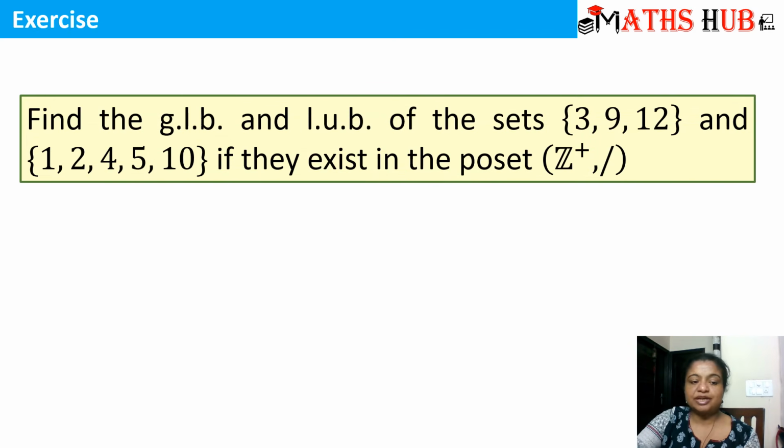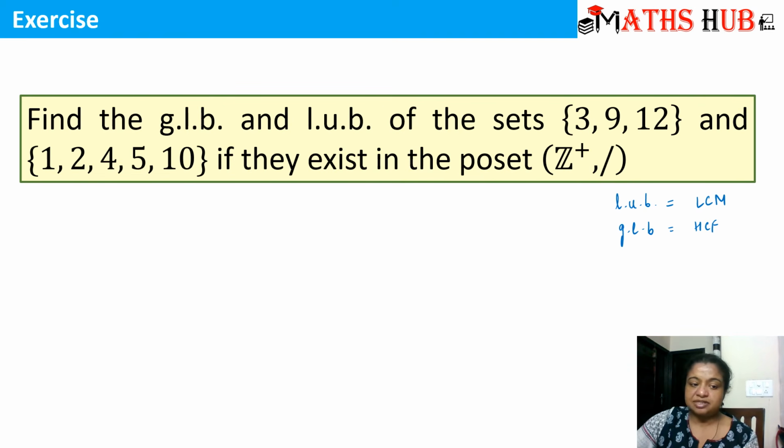Now suppose the question is: find the GLB and the LUB of the subsets 3, 9 and 12 and the subset 1, 2, 4, 5, 10 if they exist in the POSET Z plus along with the divisor operator, right? In the divisor operator, as told to you, LUB means to calculate the LCM and GLB means to calculate the HCF, right?